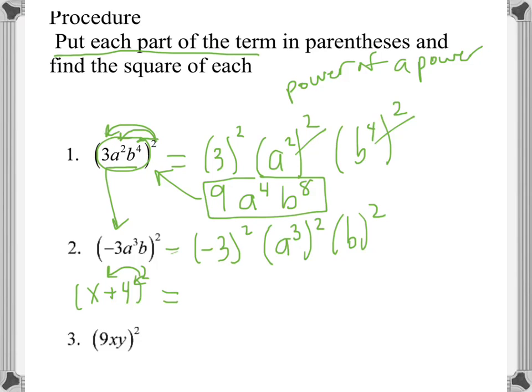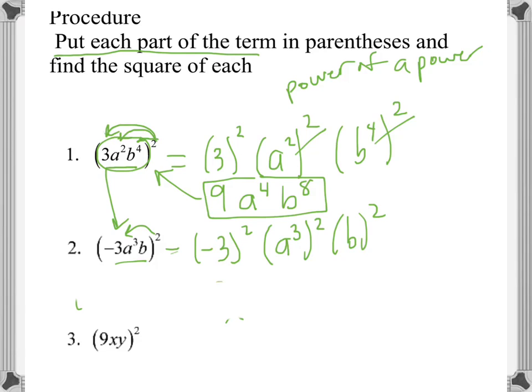This is not equal to x squared plus 16. There's actually a middle term here that you would see when you FOILed this out. But since this is a monomial, we can just distribute the exponent into all of the parts of the term. So negative 3.